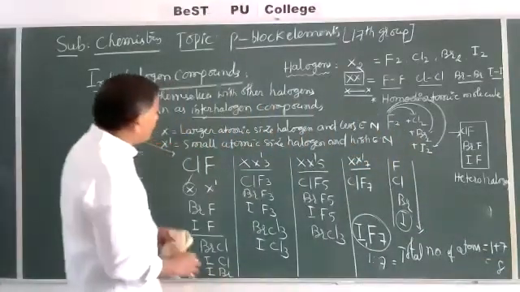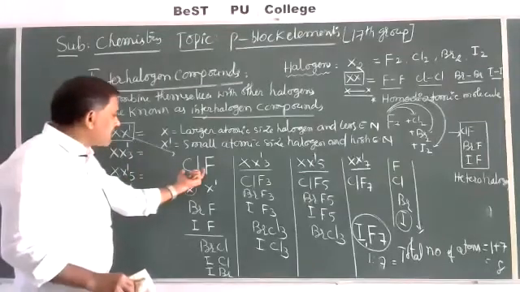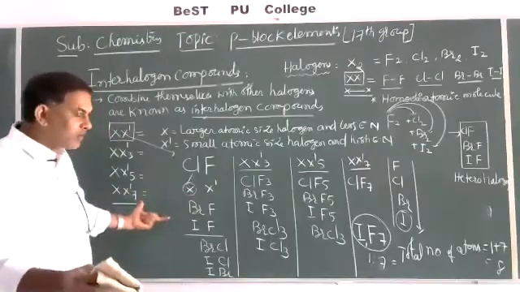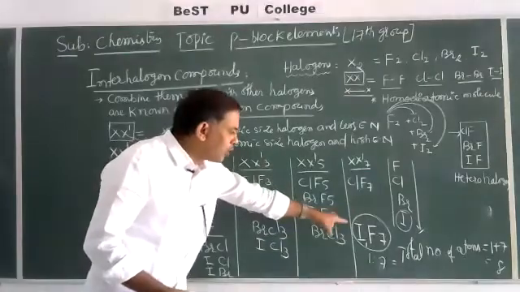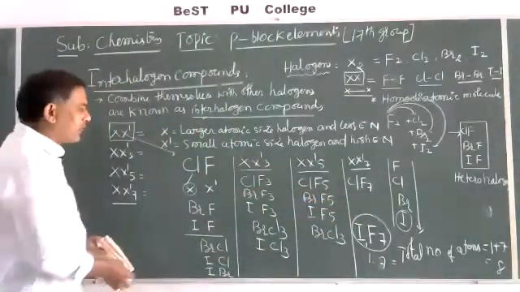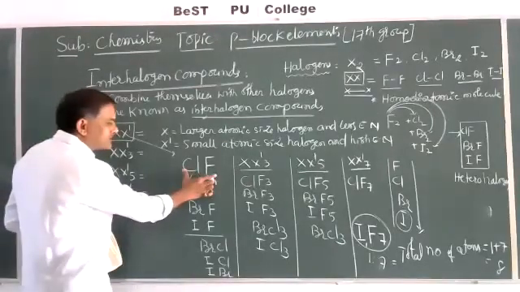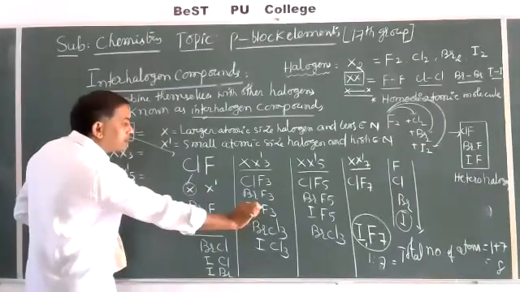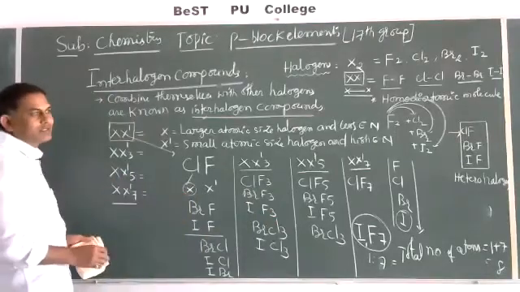Means in these interhalogen compounds, the size difference of these two halogen atoms is more, and the number of atoms present in that molecule also increases. So here there is a large difference in their atomic sizes and it gives more number of atoms in interhalogen compounds.